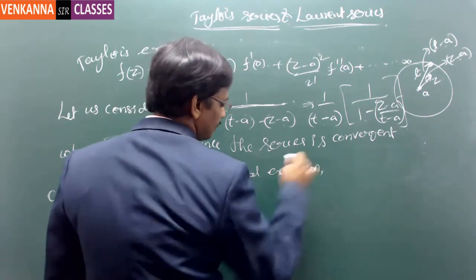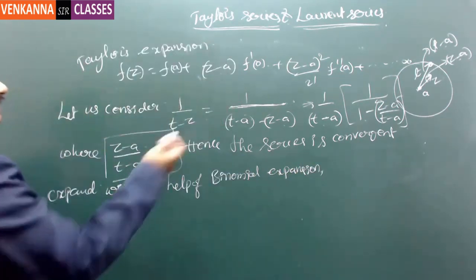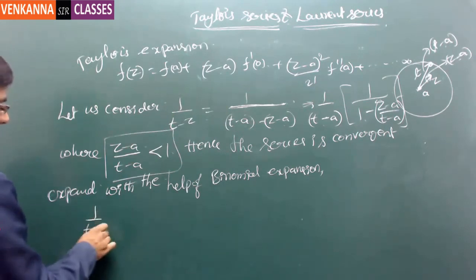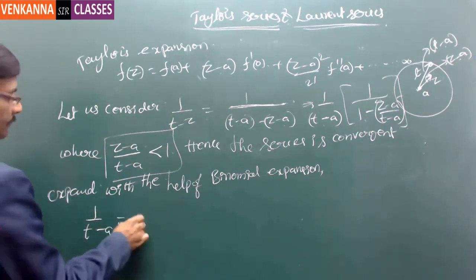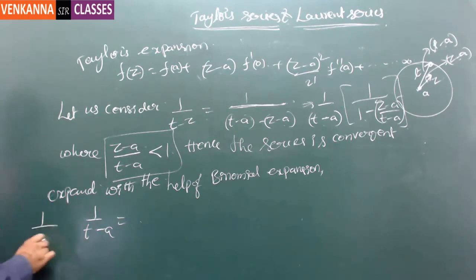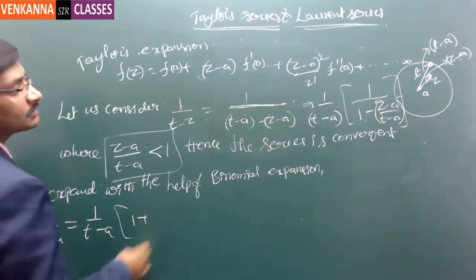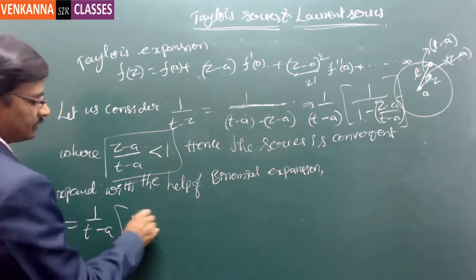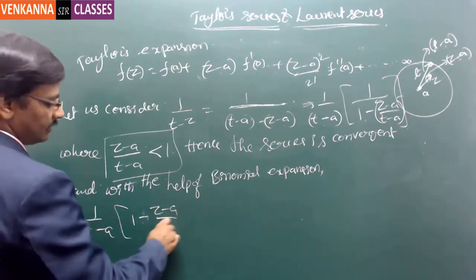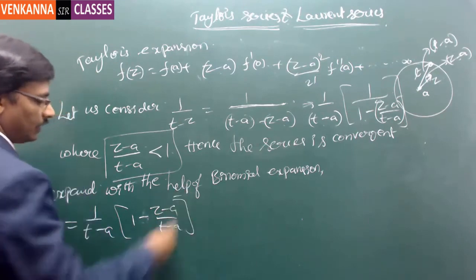Binomial expansion, then 1 by t minus z is equal to 1 by t minus a into 1 minus z minus a by t minus a, whole power minus 1.